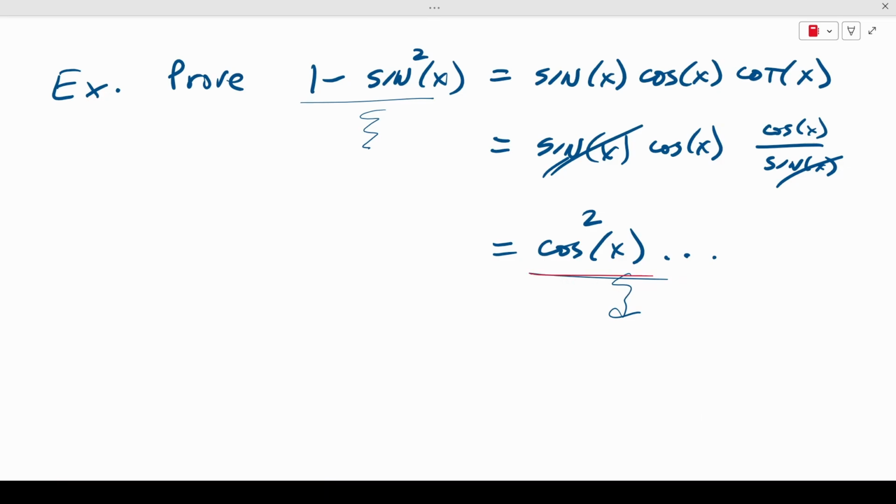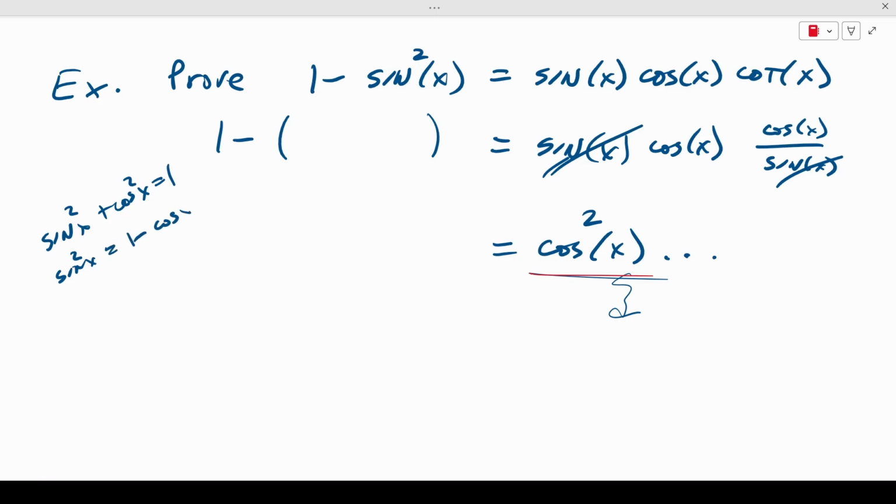Suppose I'm stumped right to there, and I come over here on the left and I say 1 minus sine x squared, 1 minus sine x squared. Gosh, that seems familiar. And maybe even let's pretend that I forget that that's cosine x squared, but I do remember why, I don't know. I remember that sine x squared plus cos x squared is 1, and so sine x squared must be 1 minus cos x squared.